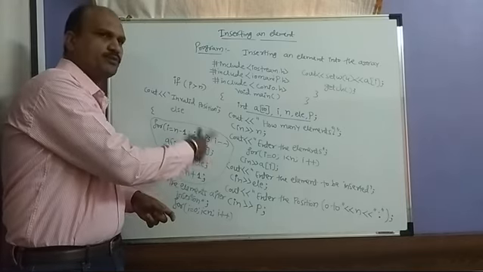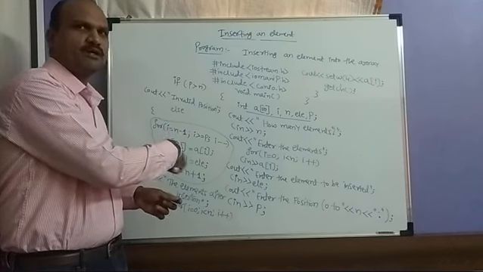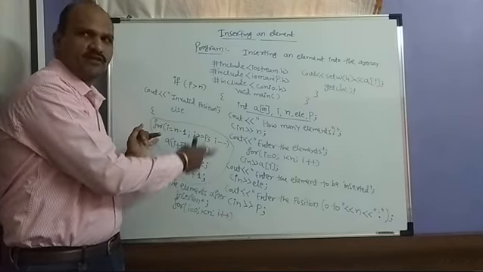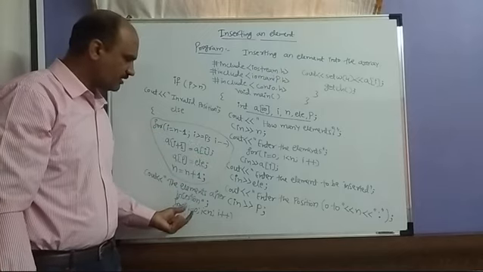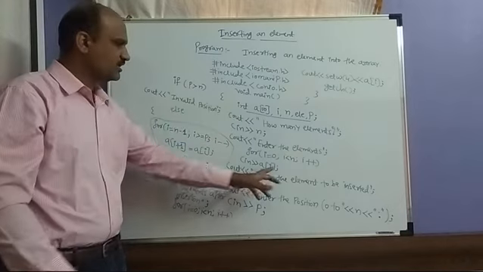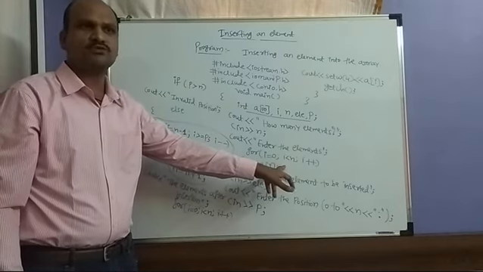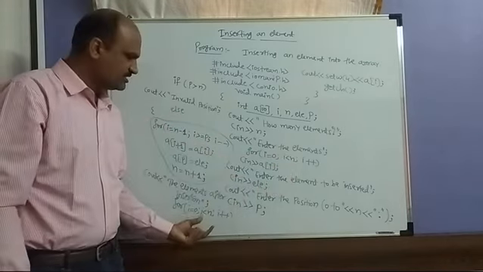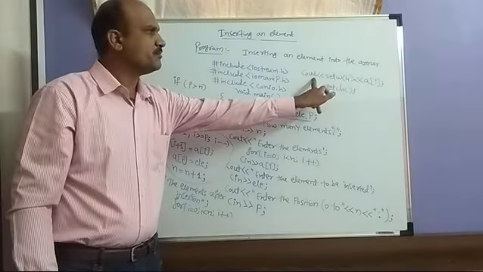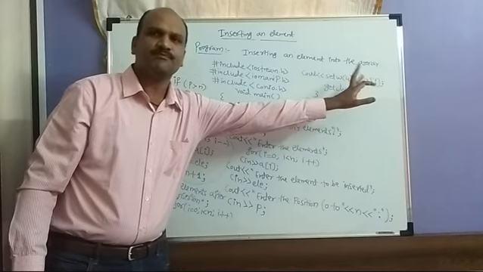This for loop will execute until the position of the element to be inserted. Then after insertion, cout the elements. So earlier only those elements were there before insertion; after insertion, use a for loop again and print all the elements in the array.